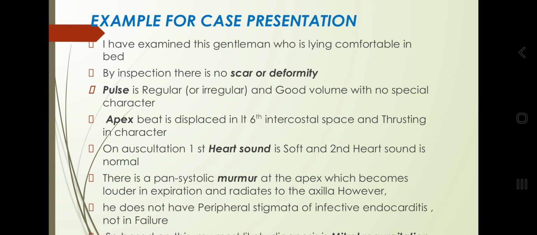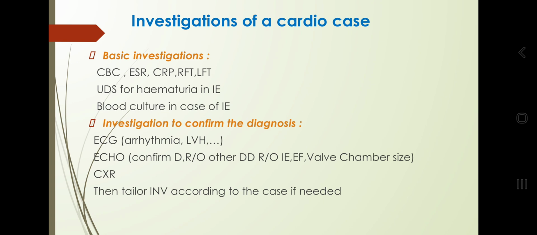On auscultation, first heart sound is soft, second heart sound is normal. There is a pansystolic murmur at the apex which becomes louder in expiration and radiates to the axilla. However, the patient has no signs of infective endocarditis, not in failure. Putting all together, the top of the differential is mitral regurg.